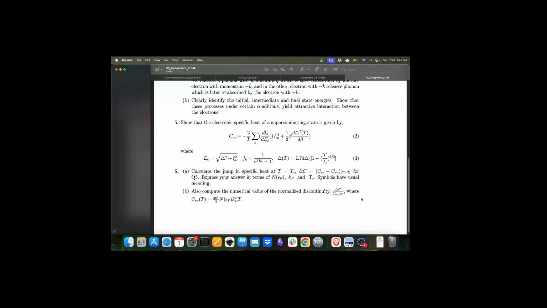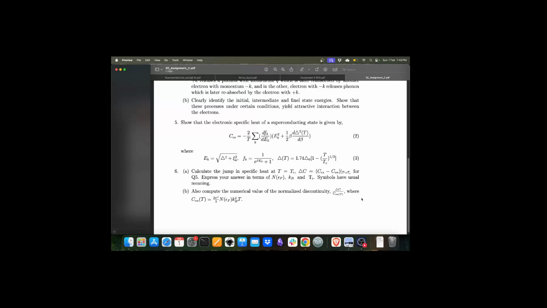Also compute. So the second question was, you just need to plug this part in here. Here it will be delta squared of T, delta T, delta T, delta beta.